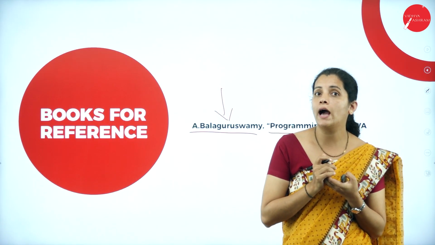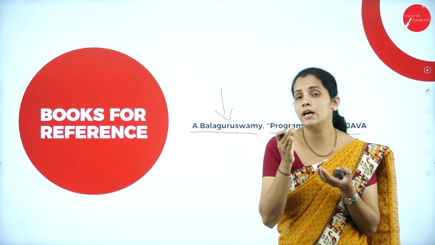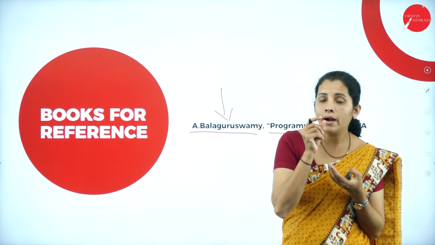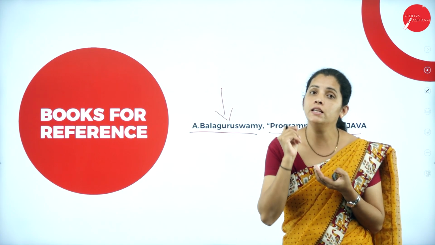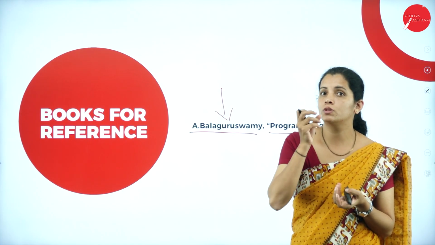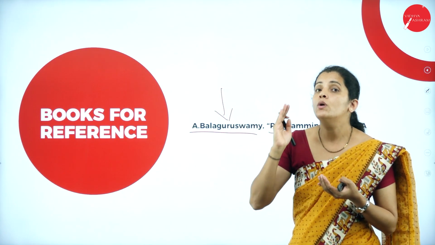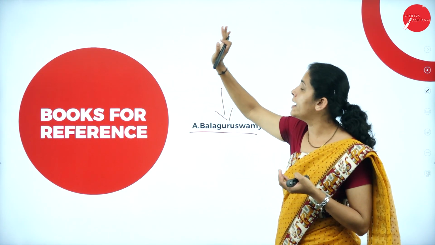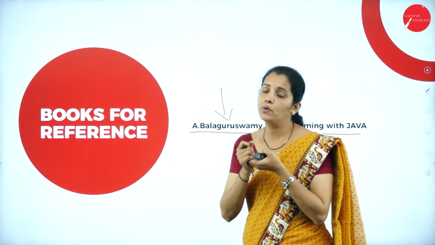Then we are going to have Enterprise Edition. That means it is mainly used to design server-side applications. Then we are going to have Micro Edition. That is nothing but the Java Micro Edition. This is mainly used to design and develop mobile applications. So these are some of the editions of Java. Once I cover all 4 units properly, then you will be able to differentiate the different editions of Java.